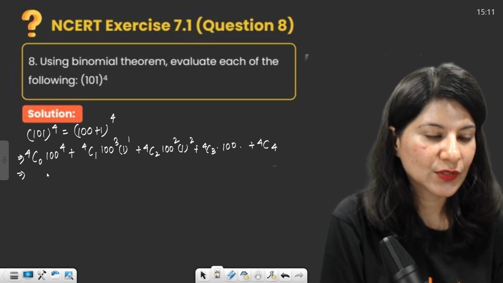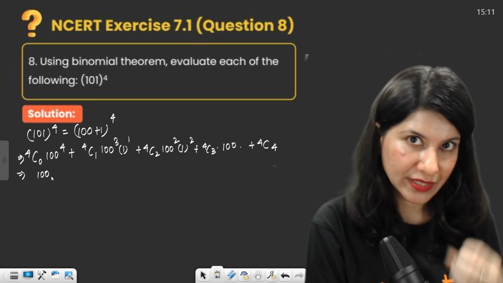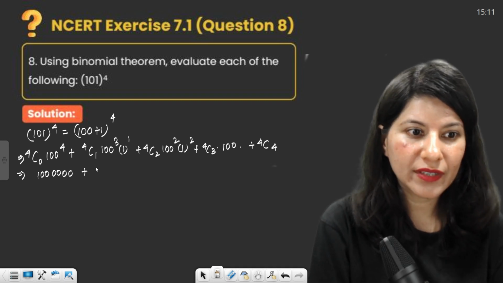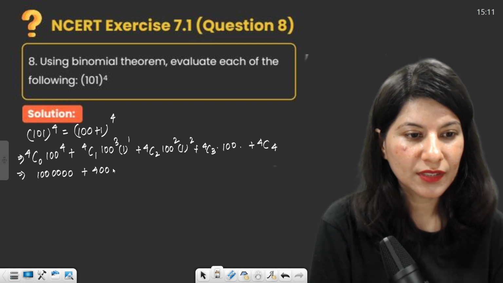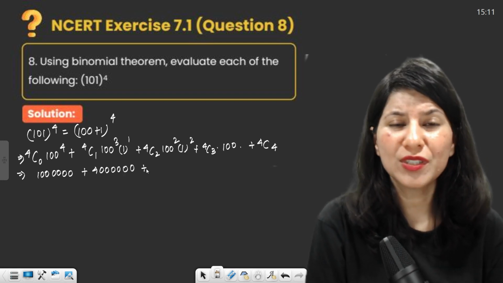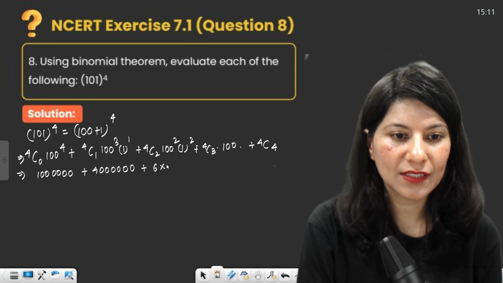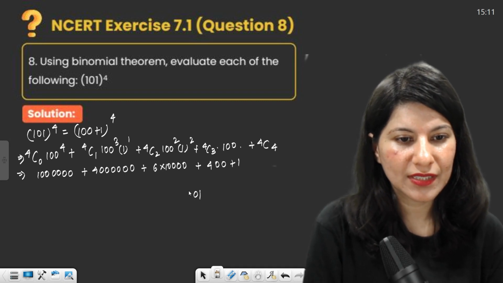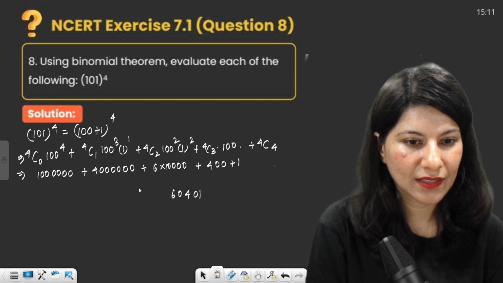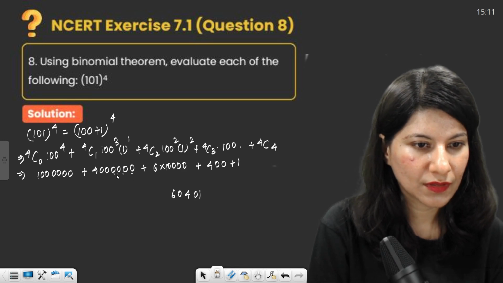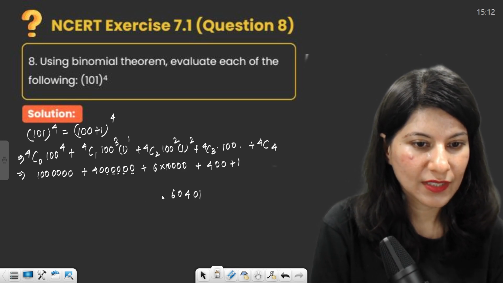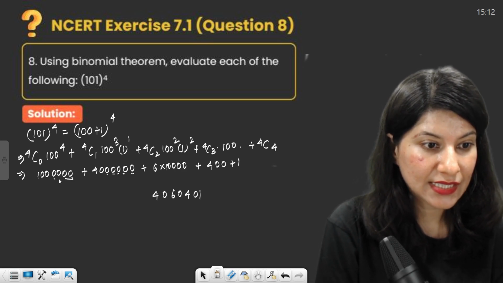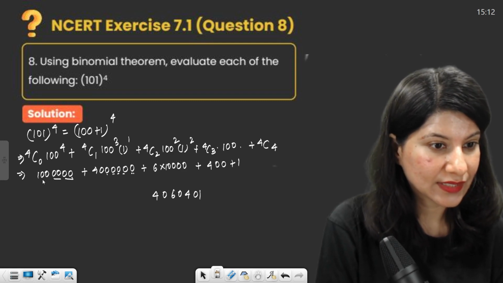So this is 100 raised to power 4, right? 100000000, plus 4 into 100 cubed, so 400000000... plus 4C2 is 6, 6 into 100 squared, plus 4C3 is 400, plus 1. So the answer is 104060401.